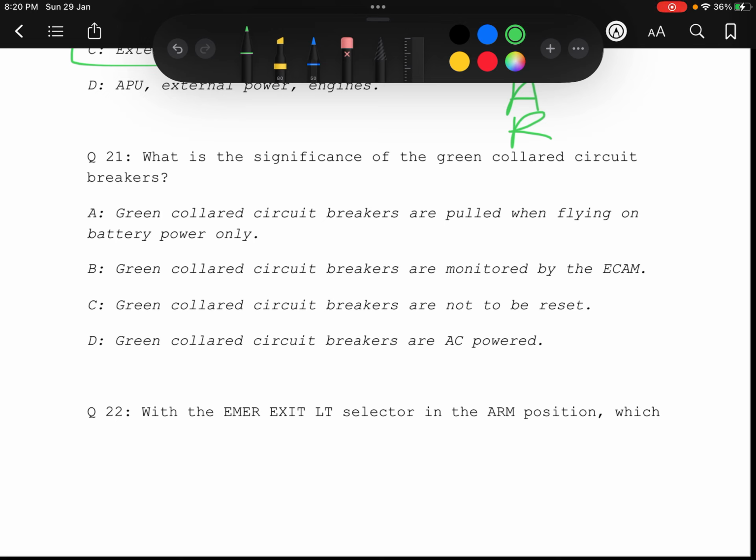Green colored circuit breakers are monitored by the ECAM. Where is the answer? Yes, it's Bravo. And black ones are not monitored by the ECAM, right? And if they are red colored, then you are not allowed to reset them. Is it clear? Nice. Where it is, I'll show you.